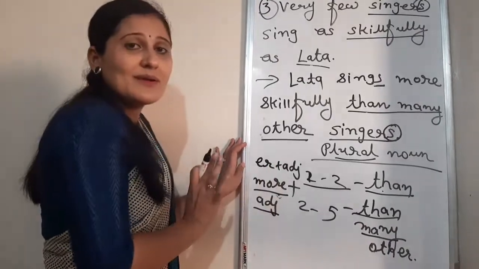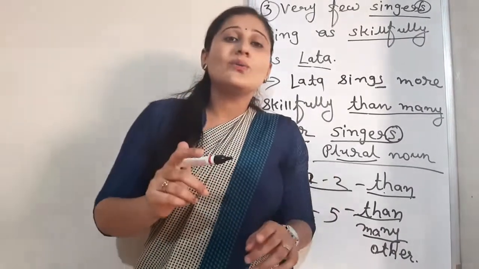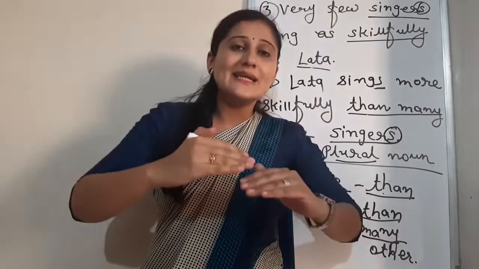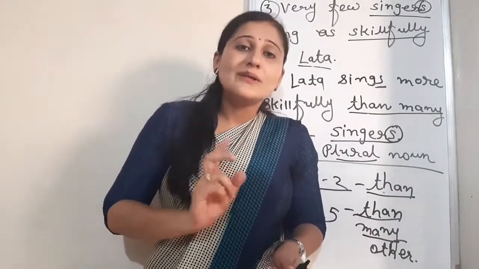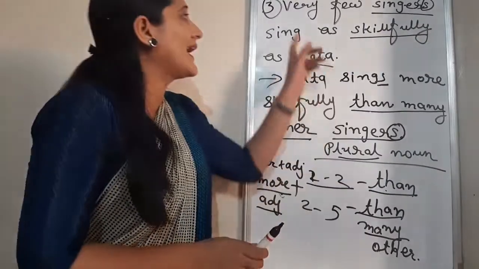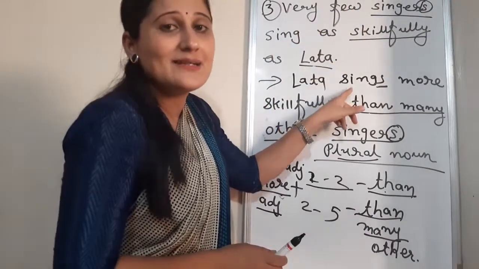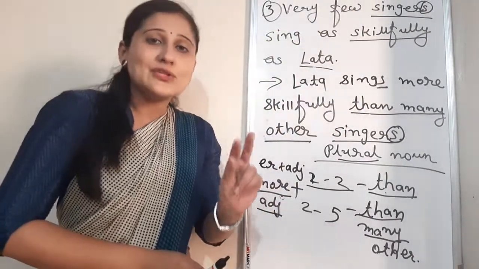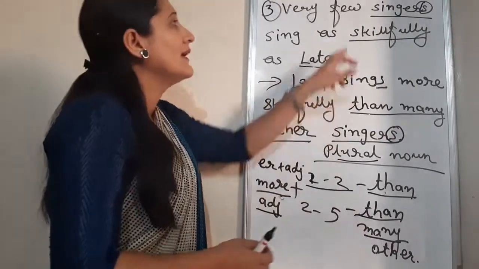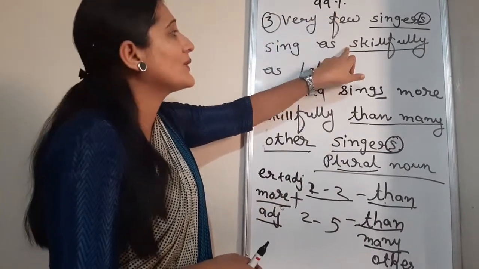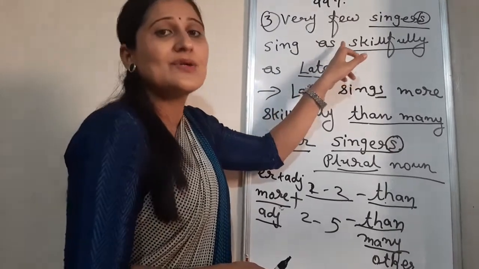So what to remember? First thing, when you convert from PD to CD, from positive degree to comparative, exchange the subject, check whether it is positive or negative. If the comparison is between two or more than two, 99% do not check whether it is positive or negative.